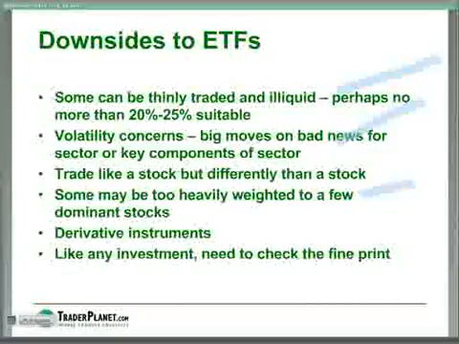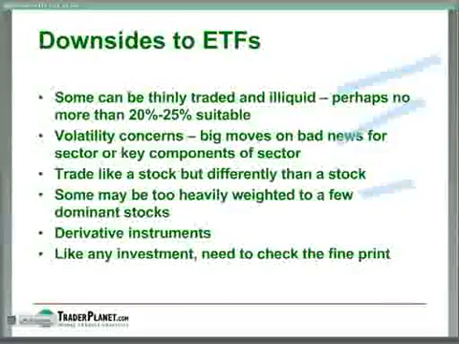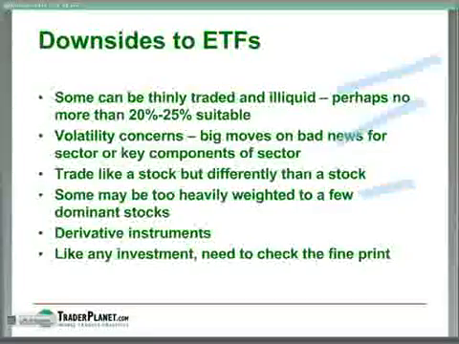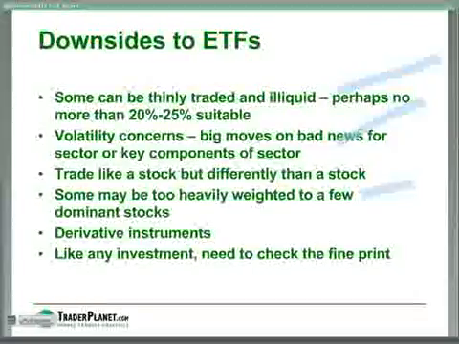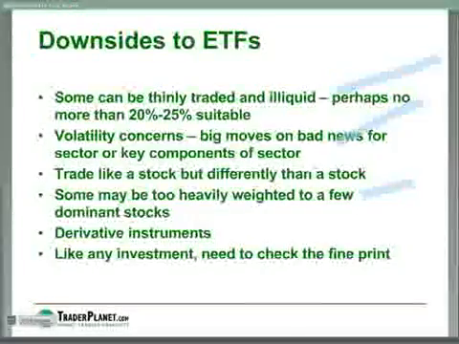If there's bad news in that stock, or if that has a big influence on the whole sector, the ETF may not trade exactly like you think it ought to trade. Now, it does trade like a stock, as I mentioned, but differently than a stock for that reason. So the influence of bad news somewhere else could affect the ETF, could affect your whole basket of stocks that you're trading.